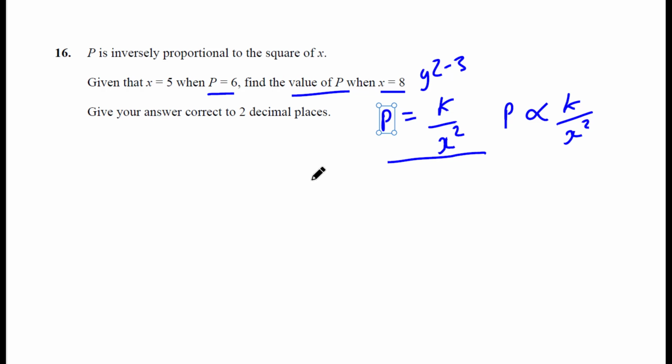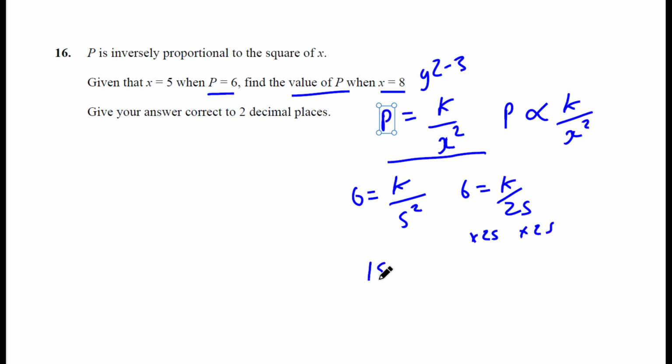Right, so let's substitute that in. So when p equals 6, 6 equals k over 5 squared, so that's 6 equals k over 25. We're going to times both sides by 25, so that is 150 equals k.